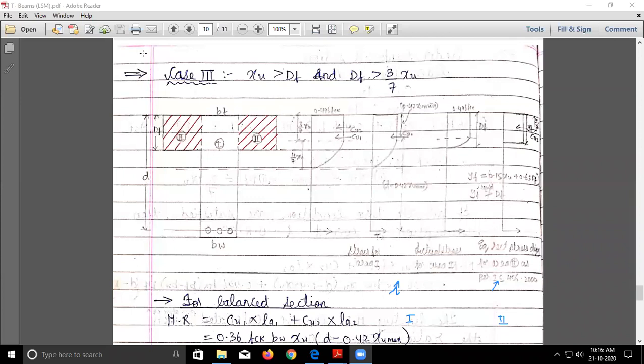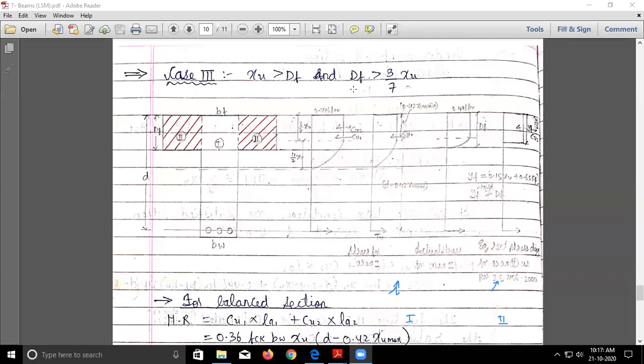Okay, so shall we start with the numericals now, everyone? Yes, am I audible? Yes. Okay, so let us start with the numerical.